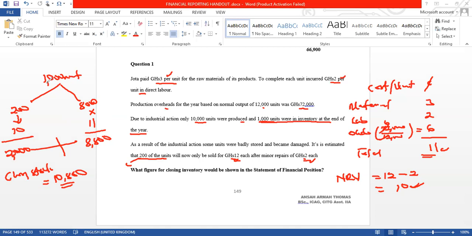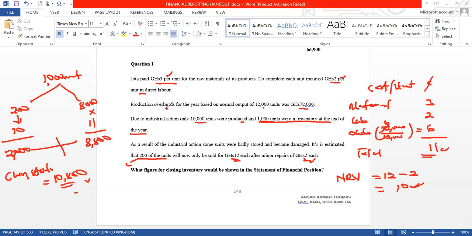So this is the value that we will use for our closing stock and for the closing stock that we should be using in our P&L. All right, so that is that.